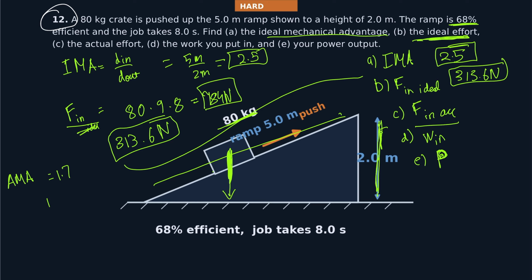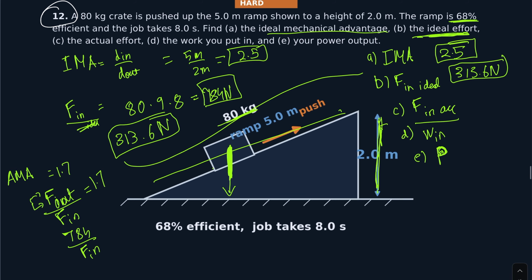Force out over force in, I keep doing the wrong thing. I mean, force out has to be greater, right? Because you're exerting lesser force. So force in would be lesser than force out. Force out over force in is equal to 1.7. So force out, we know what force out is, right? Remember? That's just this force here, which is 784 newtons.